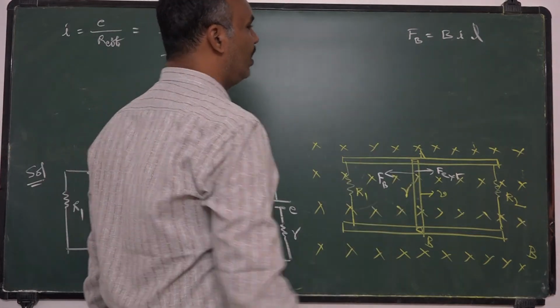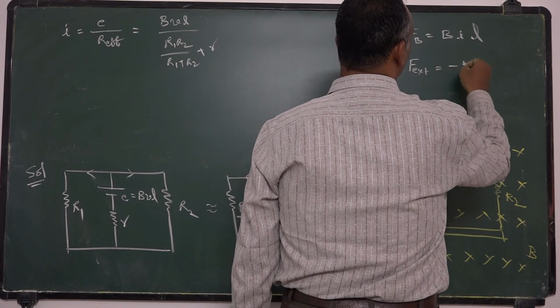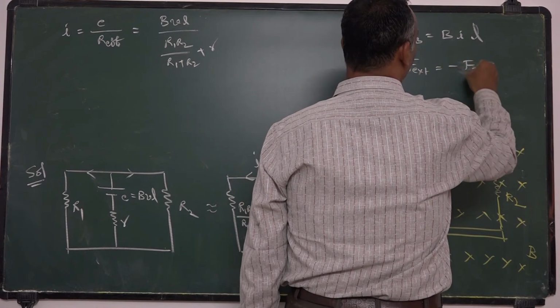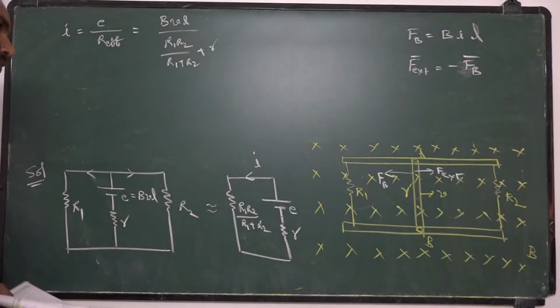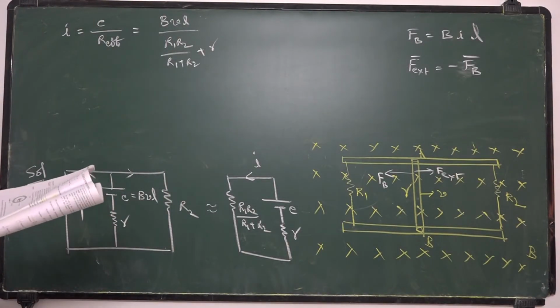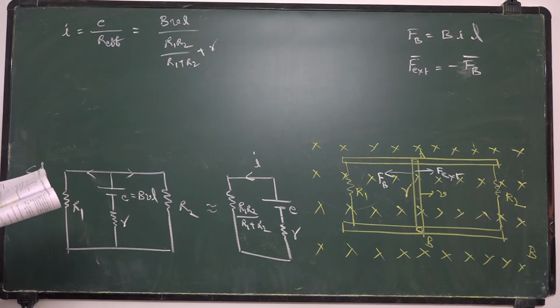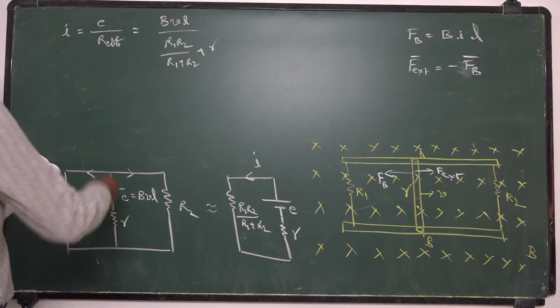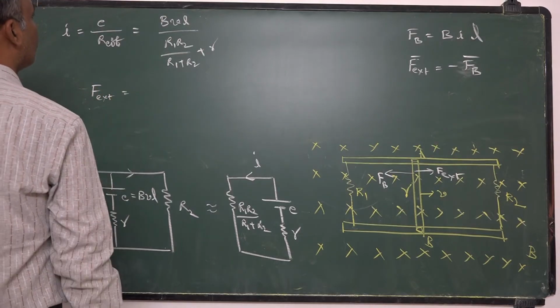The force due to the external agent must be equal to the force due to the magnetic field, in the opposite direction. Magnitude-wise, both should have the same value. So the force required to move the rod is nothing but the external force required.